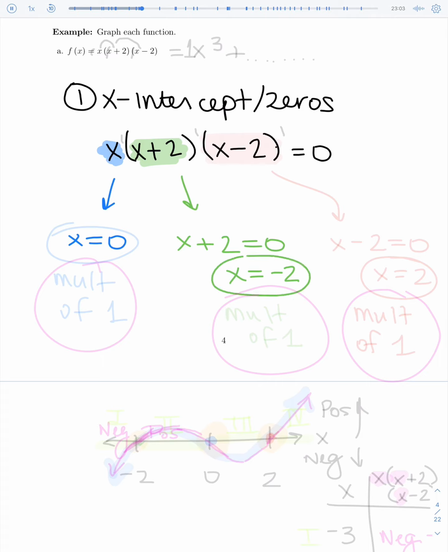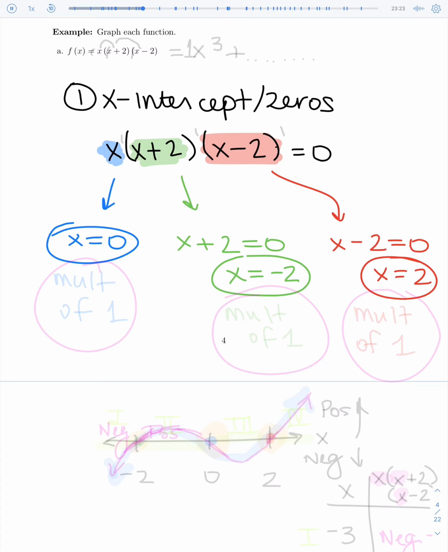So we've got 2 zeros so far. We have one more to deal with, which is when x minus 2 equals 0. And adding 2 to both sides, that will get us a +2. So that gives us our 3 zeros here.